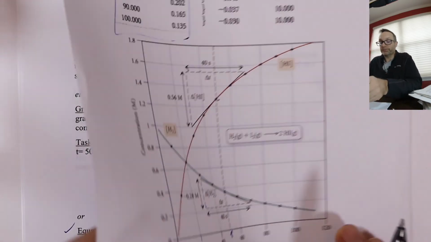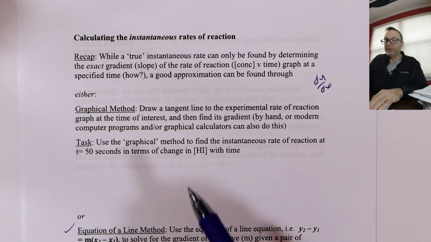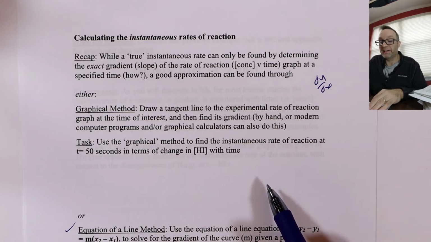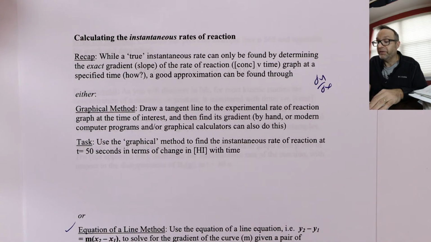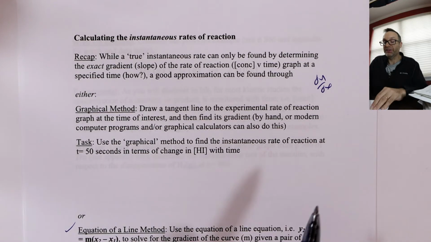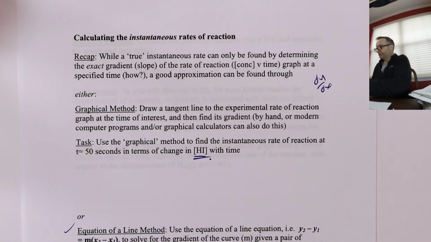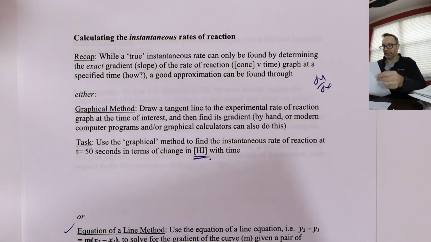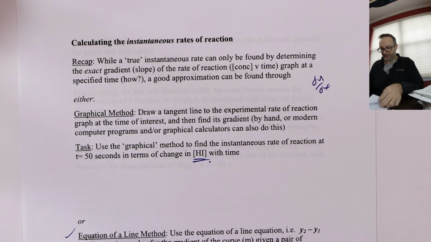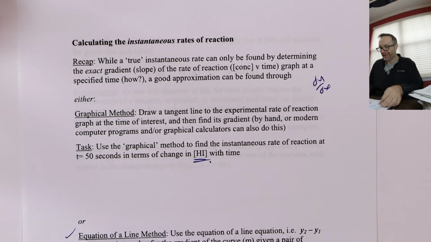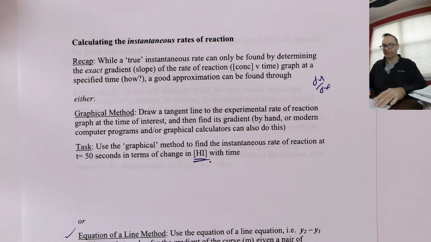So the question says, graphical method, draw a tangent line to the experimental rate of reaction, and then find its gradient by hand. So it wants us to do it for HI. All right, so let's look at HI. Actually, what I'll do, a bit of creative origami. Bear with me here.